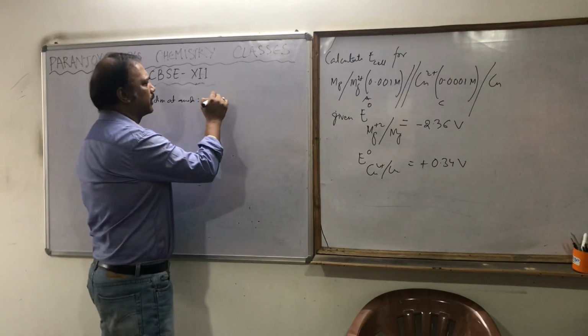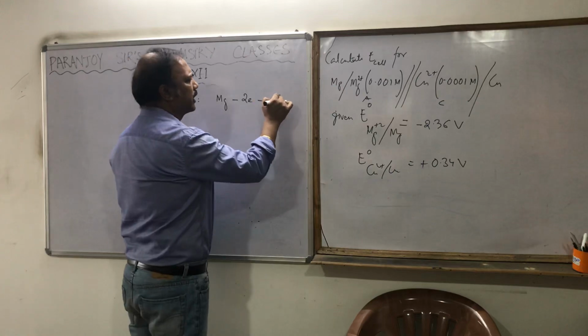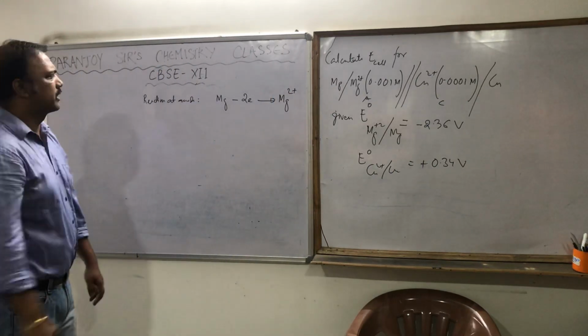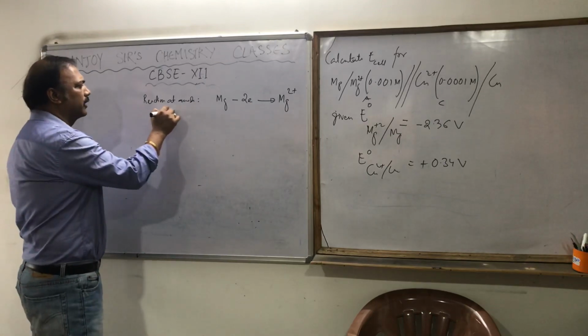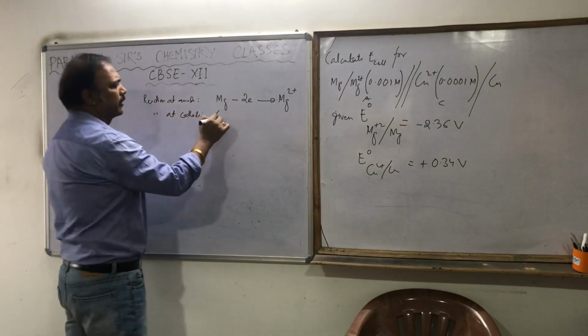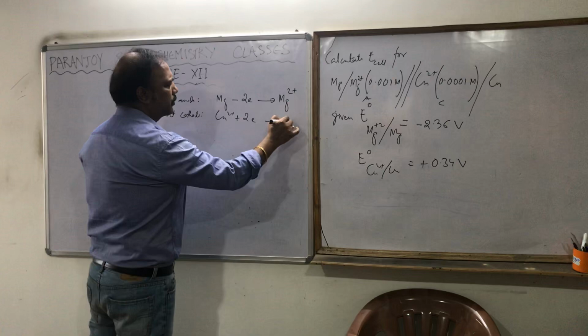We are going to write down Mg minus 2e gives Mg2+. What is the reaction at cathode? Cu2+ plus 2e is going to produce Cu.